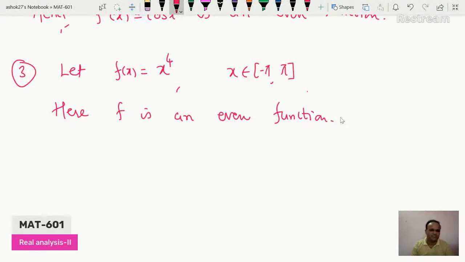So next is definition number 2, the definition of odd function.